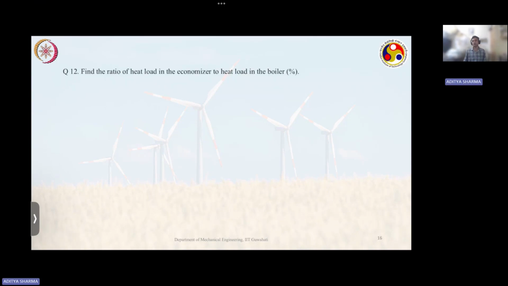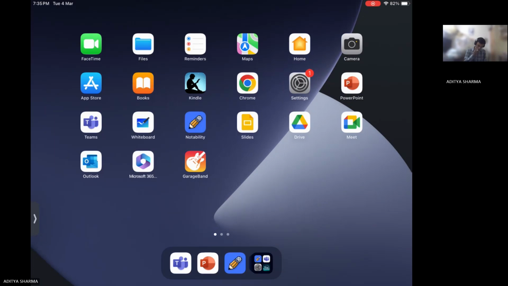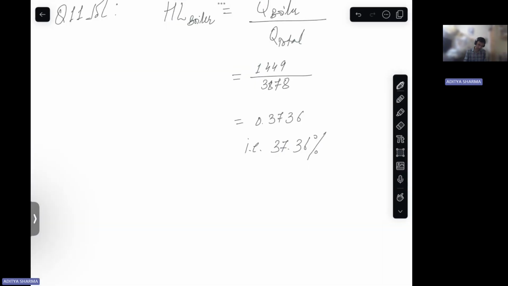Now the next question, which says that find the ratio of heat load in the economizer to the heat load in the boiler. So now taking the ratios from question number 10 and 11.